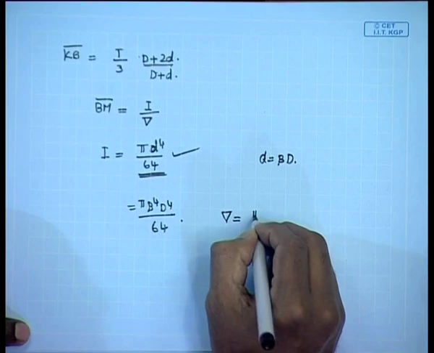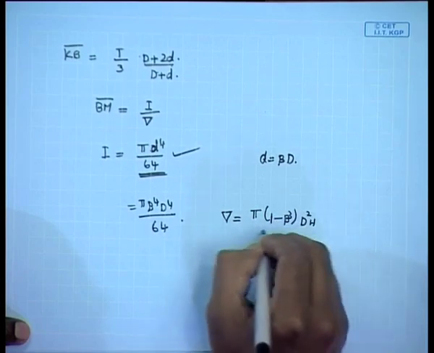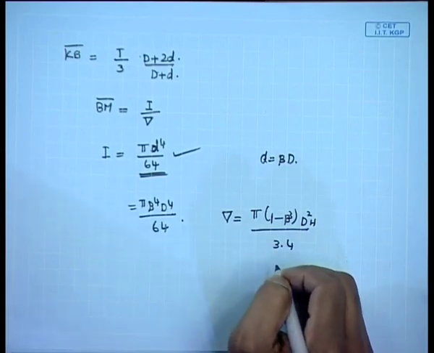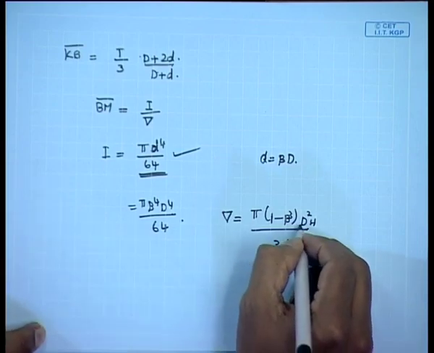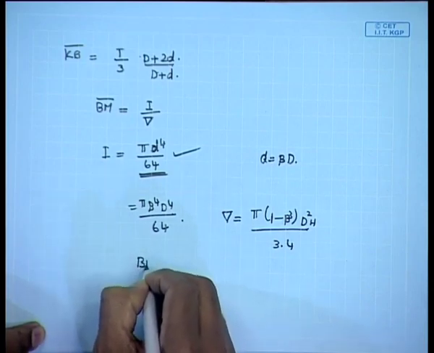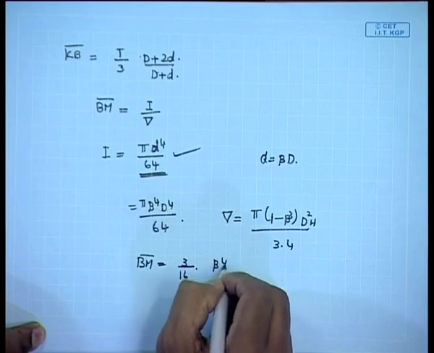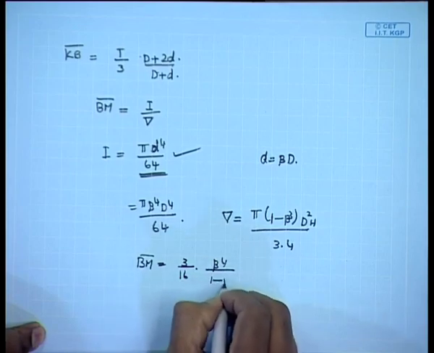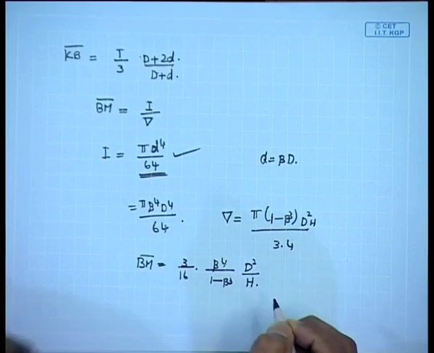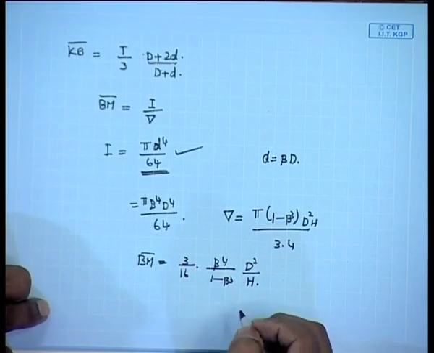That is equal to pi into 1 minus beta cubed into D square h divided by 3 into 4. It is 1 by 3 pi r square h always. That is what we have done here. Then we get BM therefore equal to 3 by 16 beta power 4 by 1 minus beta cubed into D square by h. So it comes like this. For the BM, the metacentric radius, BM becomes this.